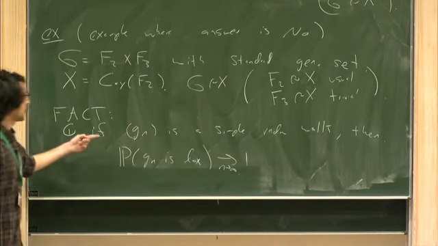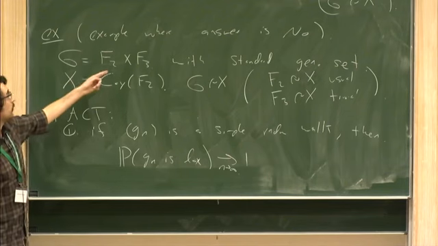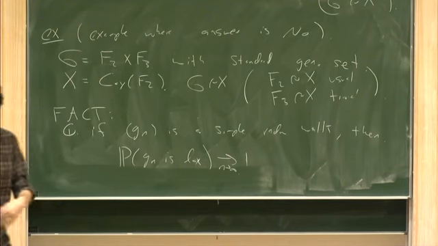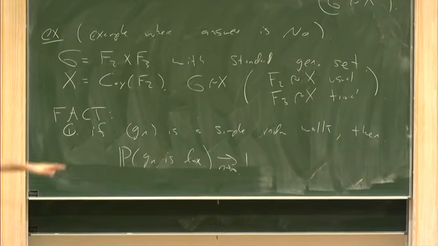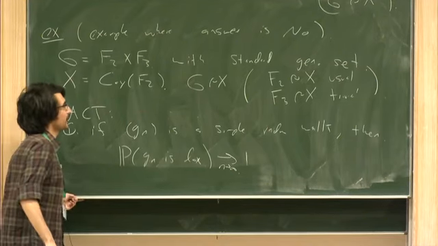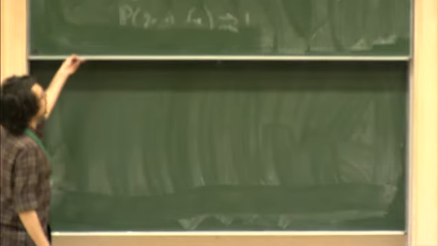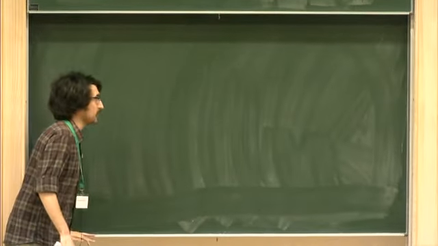The random walk on G projects to a random walk on F2, and the random walk on F2 is transient.